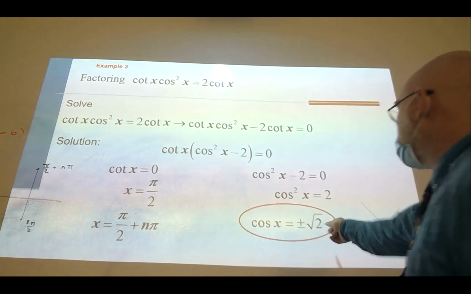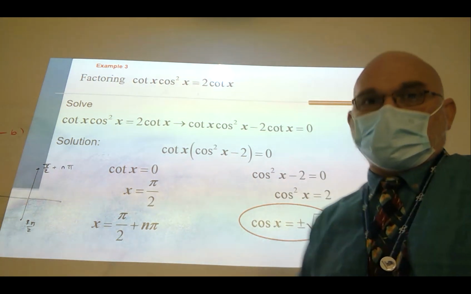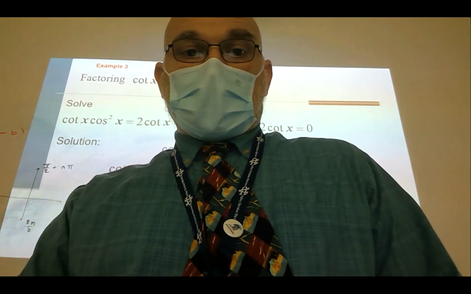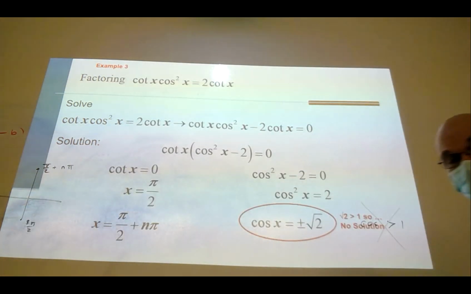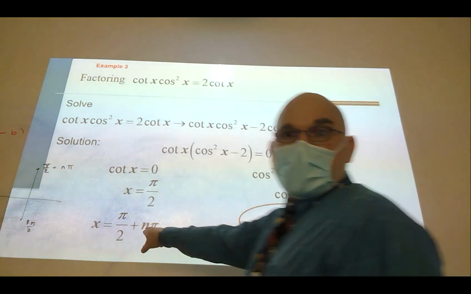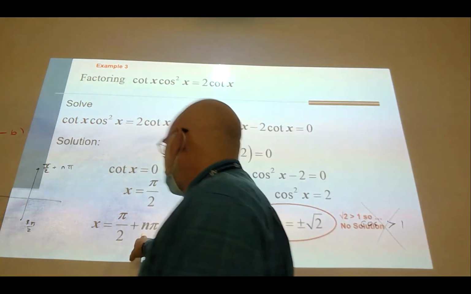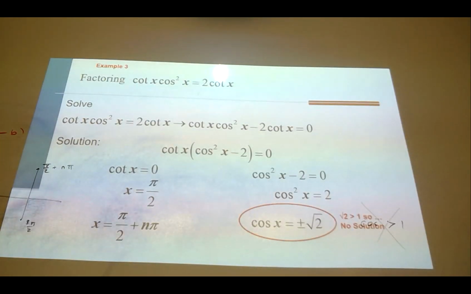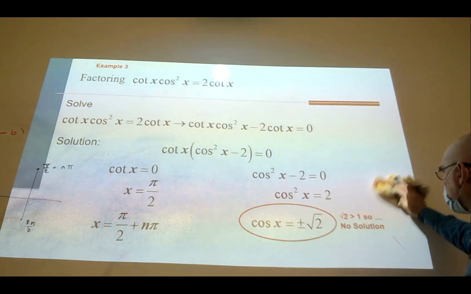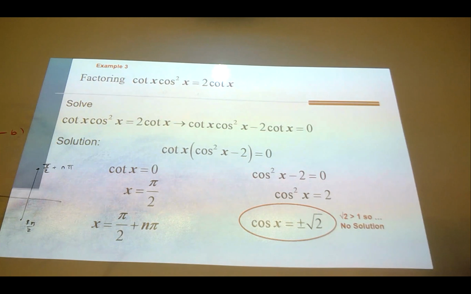So this yields no solution on that side. So we only have one answer then, and that's pi over 2 plus n number of pi. If it's greater than one, there is no solution because for sine and cosine, the range is between -1 and +1.